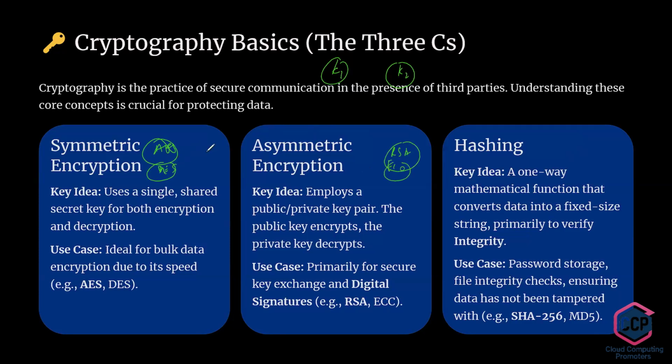The same thing applies, but in symmetric the key is the same for sender and receiver, while in asymmetric the key is different for sender and receiver. Hashing, in the sense, every file will have a hash for that.